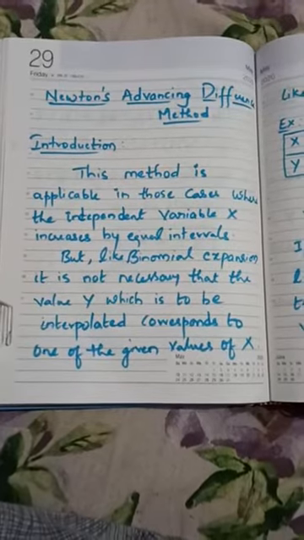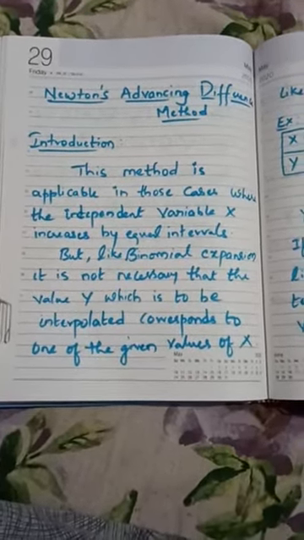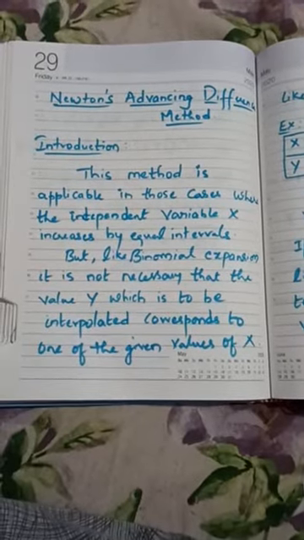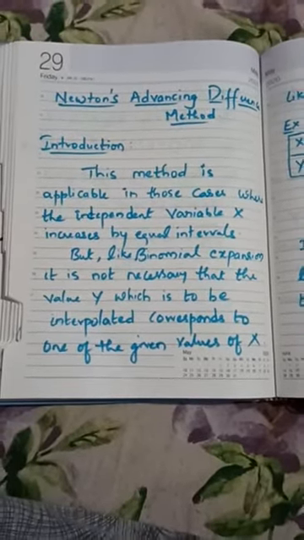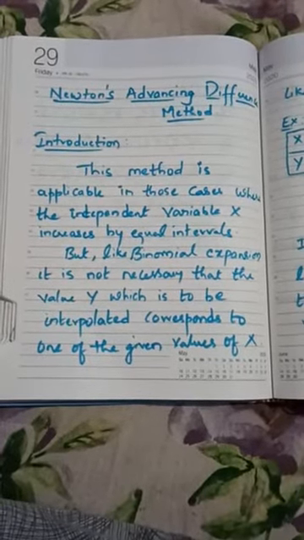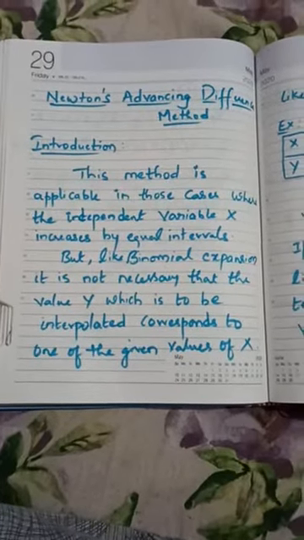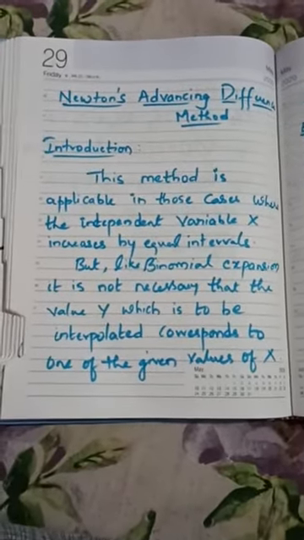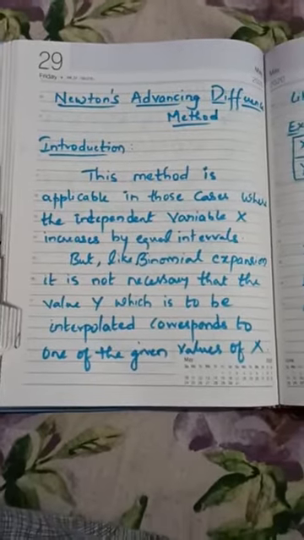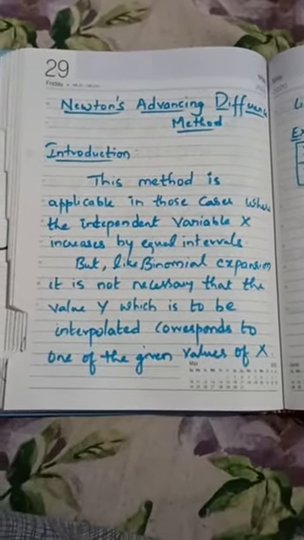But condition number 2, that the missing value must be a value of x, I said that point is not necessary to observe in Newton's advancing method. In binomial expansion, the missing value of y which is to be interpolated corresponds to one of the given values of x; the missing y must be a value of x, as we said in binomial expansion.